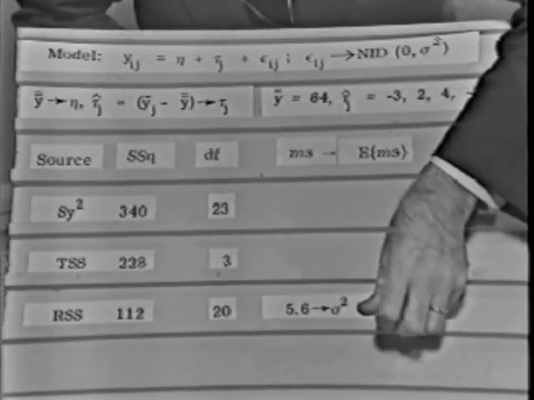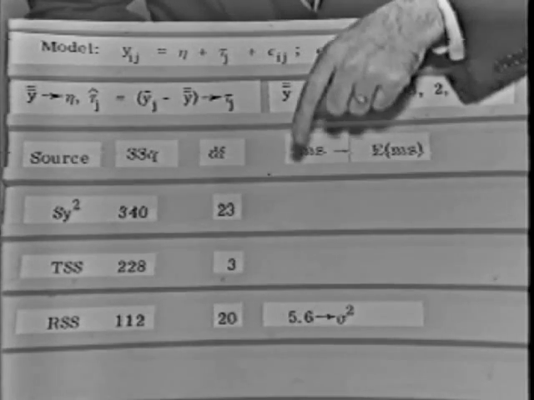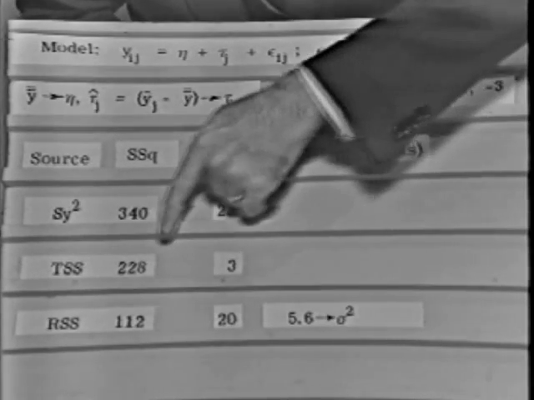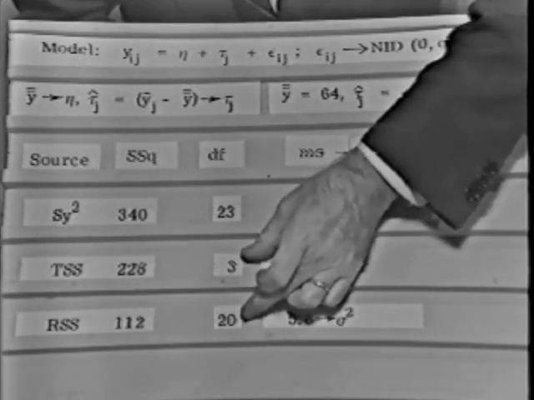If I divide the degrees of freedom into the 112, I get an estimate of the variance equal to 5.6. Now if I assume that the taus are all equal to 0, then that 228 with its 3 degrees of freedom will provide me another estimate of the variance, because all I've done is partition 23 degrees of freedom into 2 chunks.